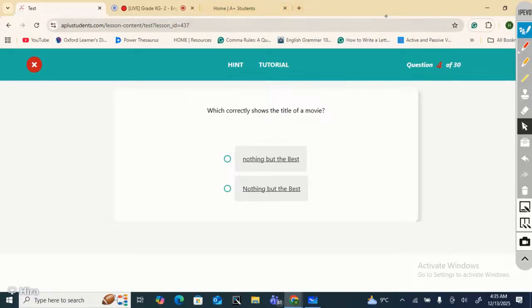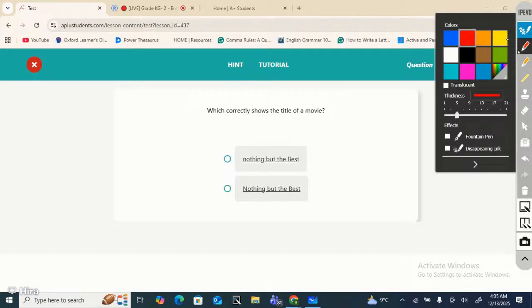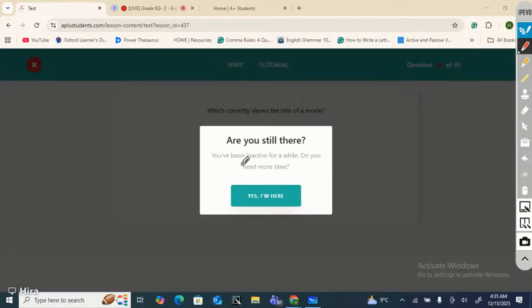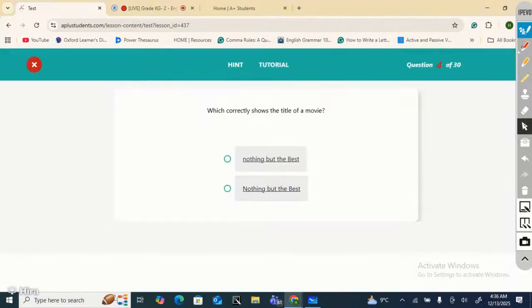Well, if you look at option 1, this is obviously not correct because the first word is not capitalized. See? So we will not choose it. This is not the correct title of a movie.